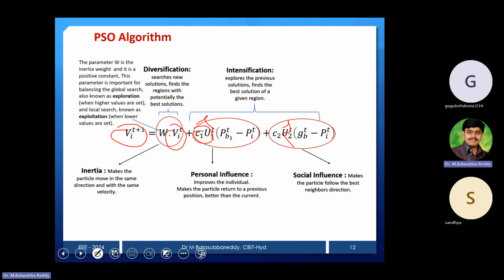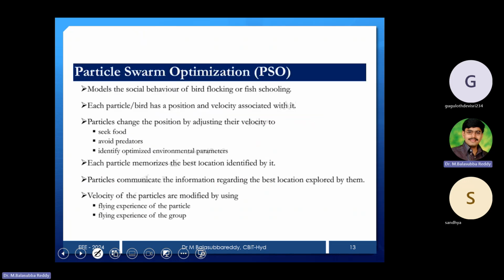Once we get the P best and G best updation, then we can easily go further. Now we have to repeat this process until the condition is met. What is the condition? It is the maximum number of iterations. Now using this logic, we apply our procedure to find the global solution.